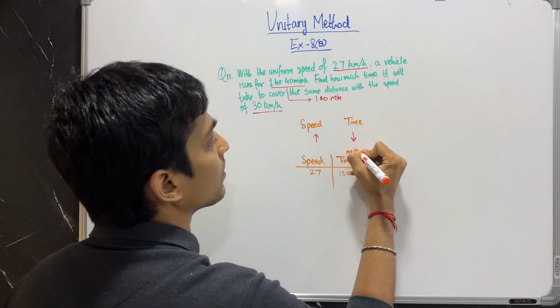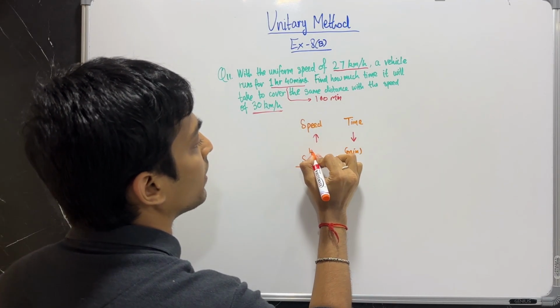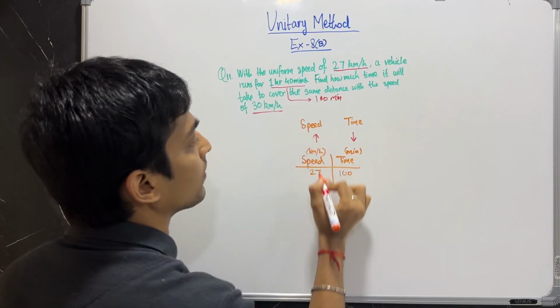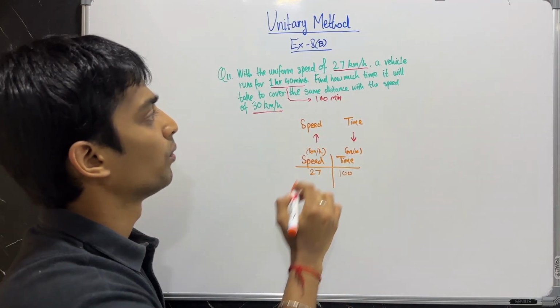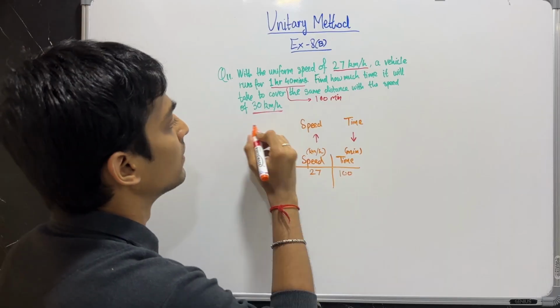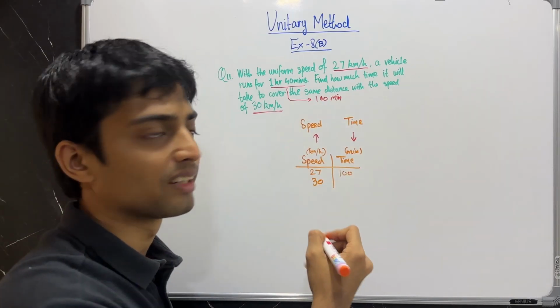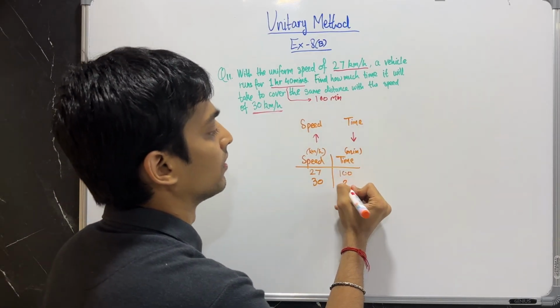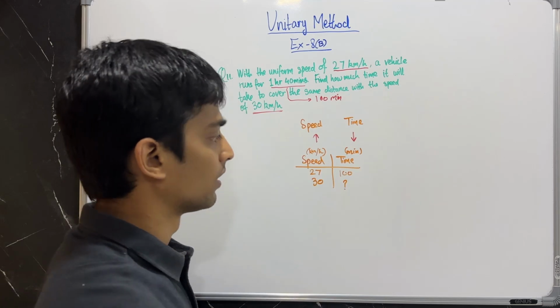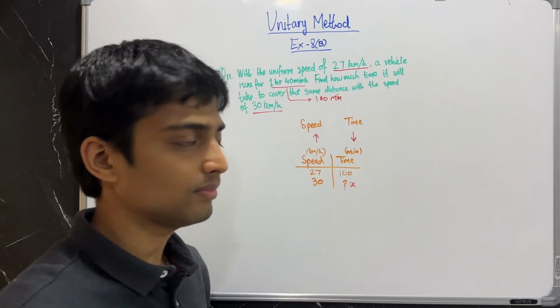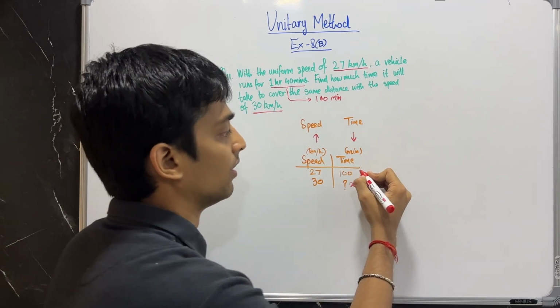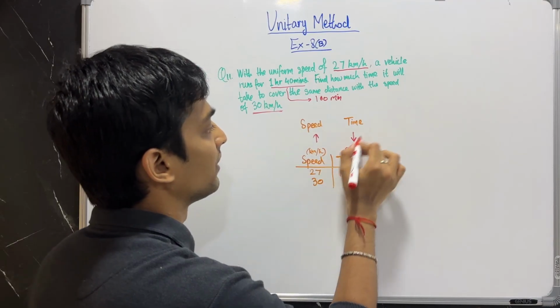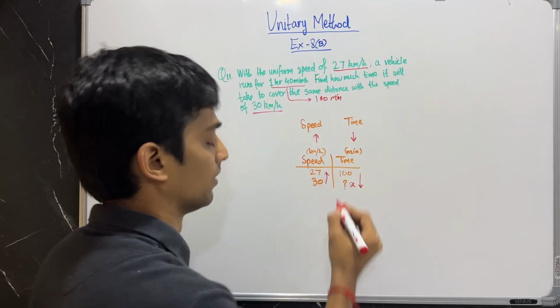This is in minutes. This is in kilometer per hour. 100 minutes. Now, the speed is 30. How much is the time? The time we write x. Same formula. Downward arrow over here. It is inverse variation, so upward arrow over here.